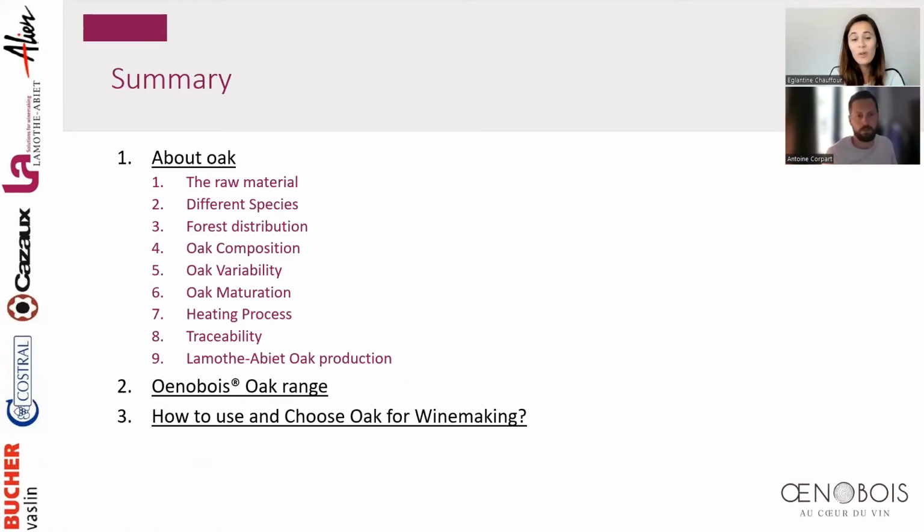Then we will introduce you to the Haut-Bois range, which is the La Motabier oak for enology. And we will go more into the application of the oak in winemaking, giving you as many tools as we can to help you decide which oak for which wine.